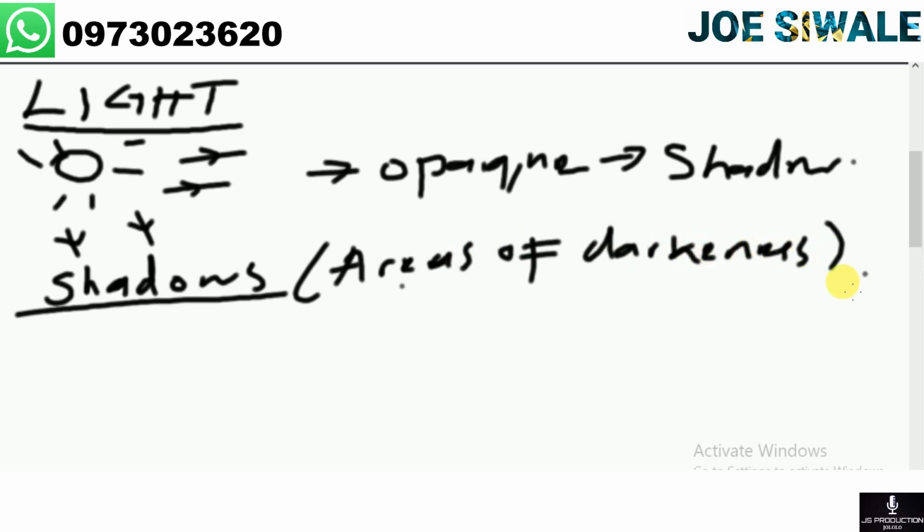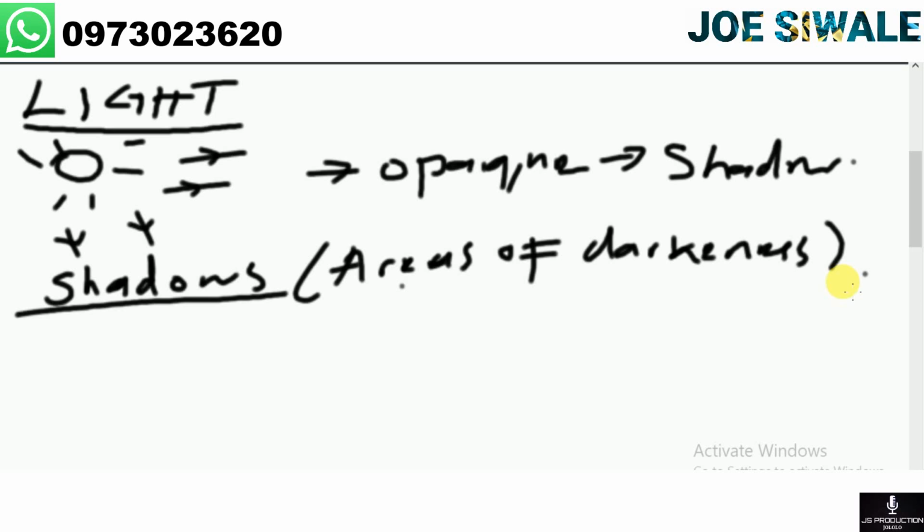But light passes through some objects, and the objects that allow light to pass through them are referred to as the transparent objects. I've said that shadows are formed when light strikes opaque objects, which don't allow light to pass through them, and examples of opaque objects are a person, a house, and a ball.